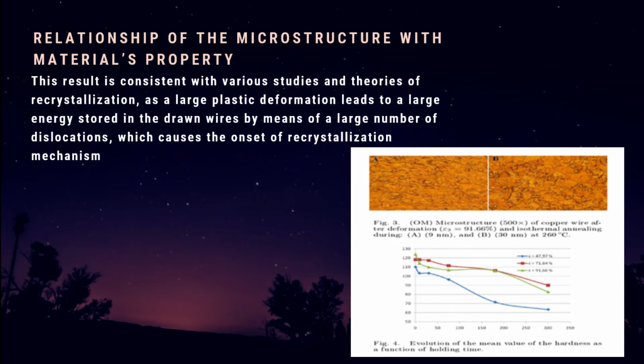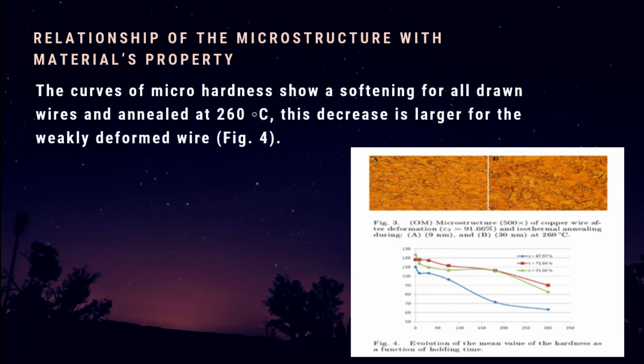This result is consistent with various studies and theories of recrystallization, as a large plastic deformation leads to a large energy stored in the drawn wires by means of a large number of dislocations, which causes the onset of the recrystallization mechanism. In the graph shown, the curves of micro-hardness show a softening for all drawn wires annealed at 260 degrees Celsius. This decrease is larger for the weakly deformed wire.